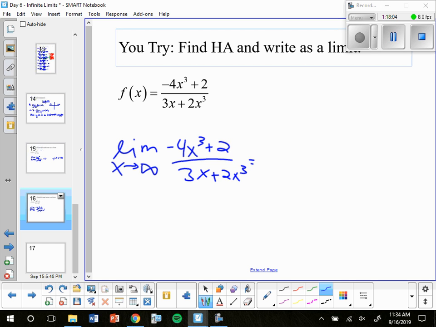Does that limit exist? What is it? So therefore, y equals -2 is your horizontal asymptote.